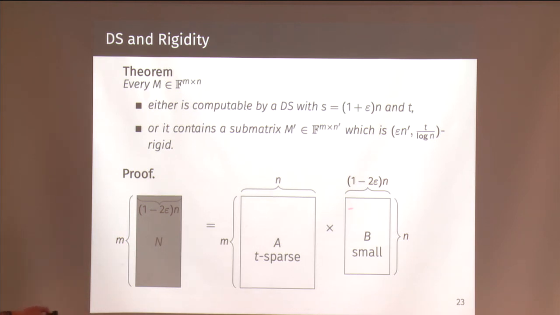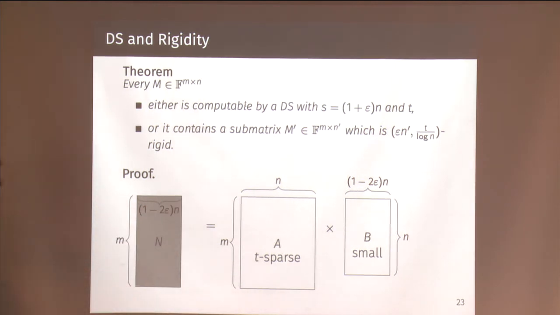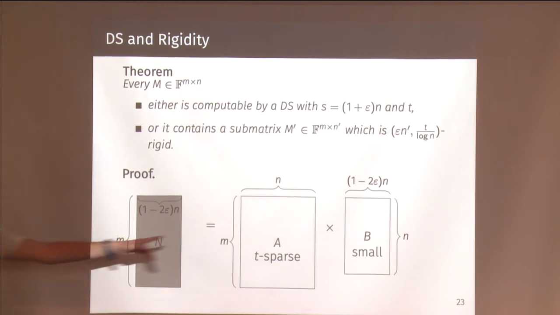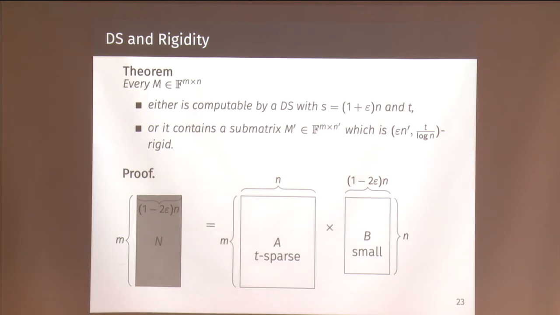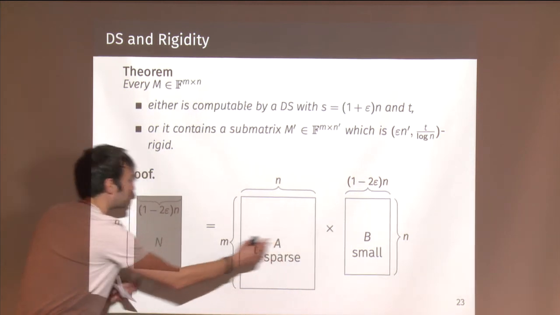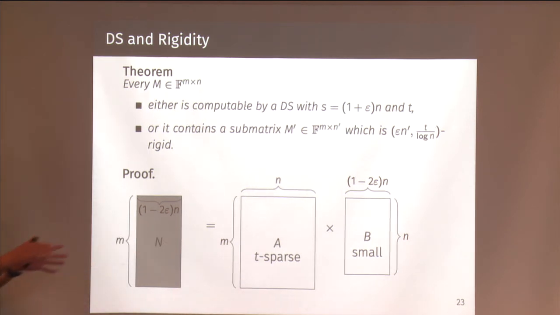So I have a t-sparse matrix times a small matrix that gives me almost all of my original matrix. Recall that this is exactly the definition of an efficient data structure. I just got an efficient data structure for like 99% of my original problem. Sparse times small is exactly an efficient data structure.